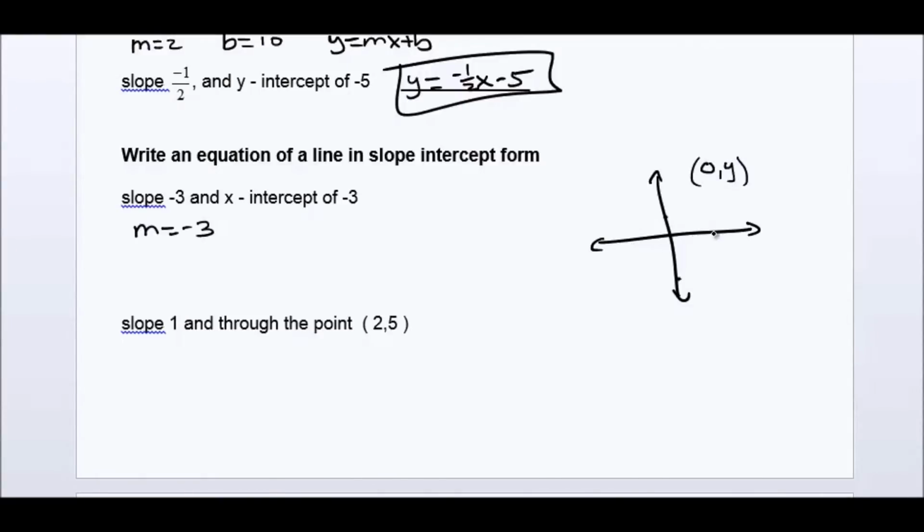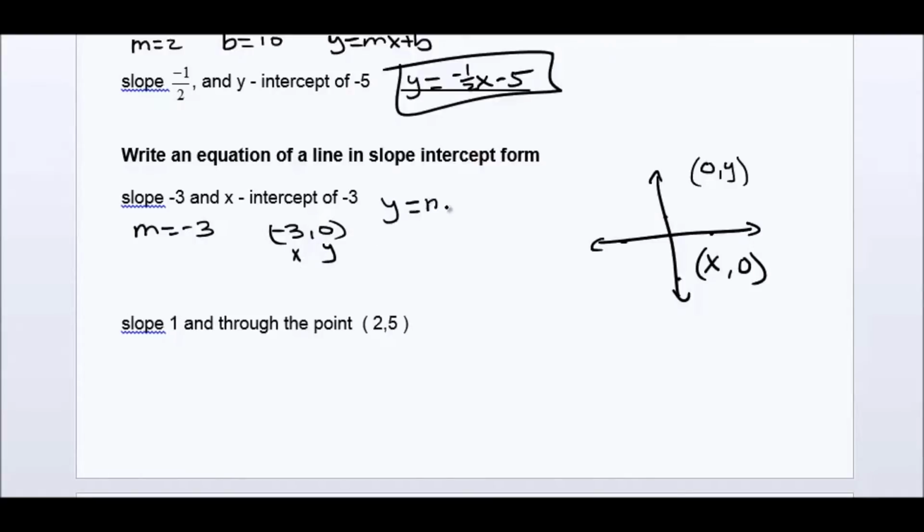And if you have an x-intercept, you're going to have a point somewhere on your x-axis, but this time you're going to have a number as your x and a 0 as your y. So when you have an x-intercept of negative 3, you really have a point negative 3, 0. So we have our m, we have an x and y coordinate.